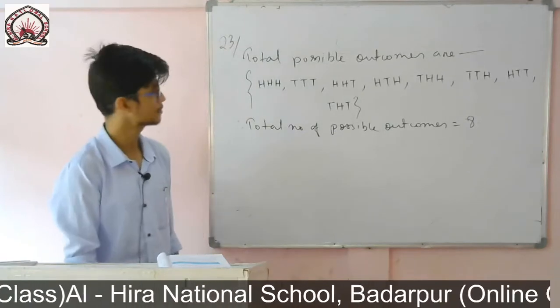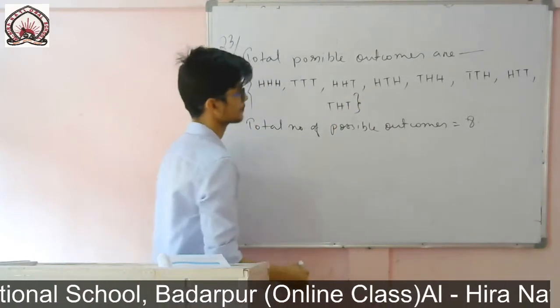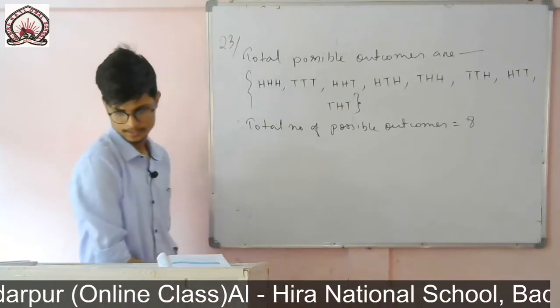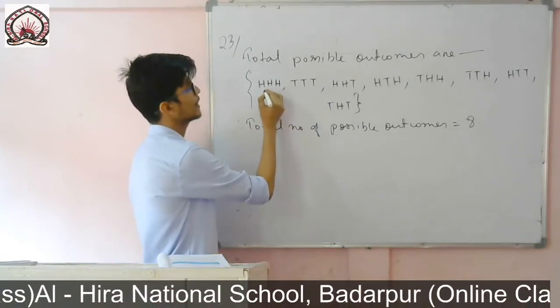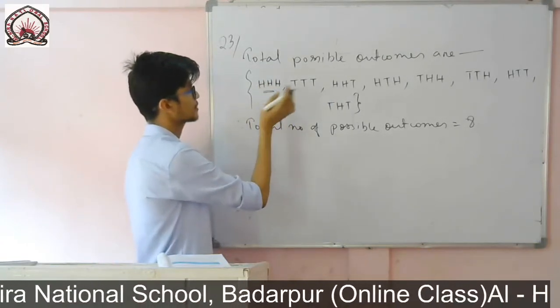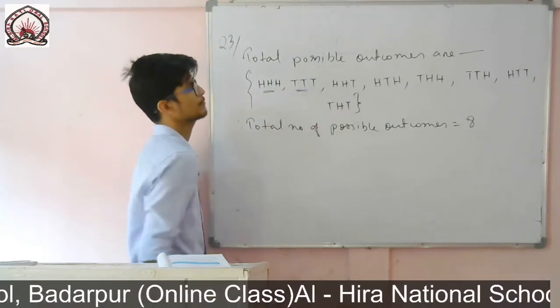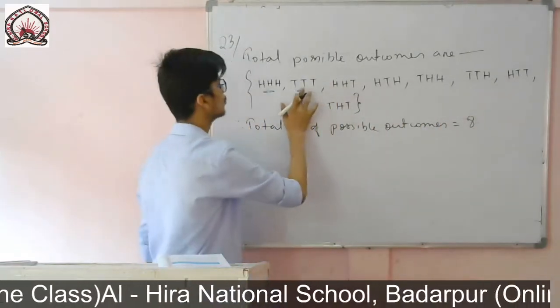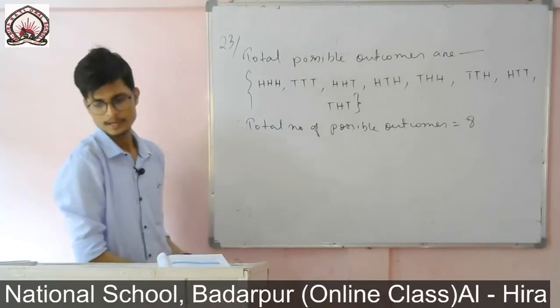Hanif will win only if there are 3 heads or 3 tails, and in the rest of the cases he will lose. So the question is to find the probability that he will lose the game.